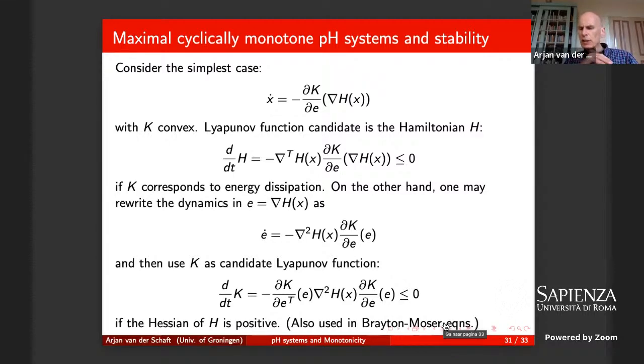There you have very simple linear capacitors, but the problem is in the nonlinear resistor, and you want to determine the stability, which is complicated by this nonlinear resistor. And then in the Brayton-Moser theory, the Rayleigh dissipation function corresponding to the nonlinear resistor is used.